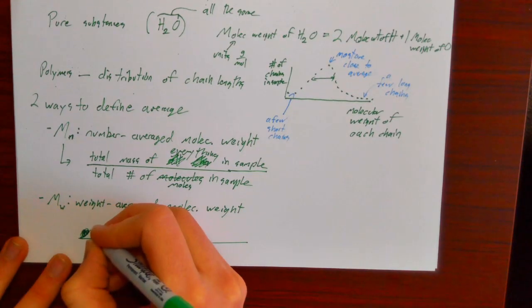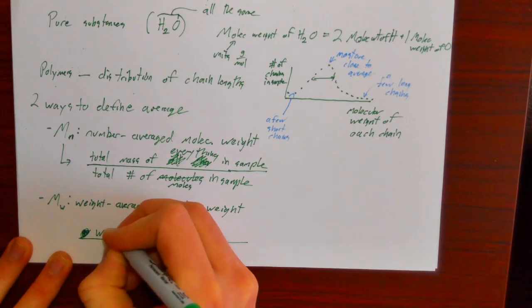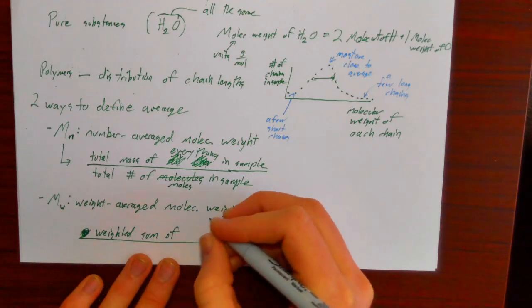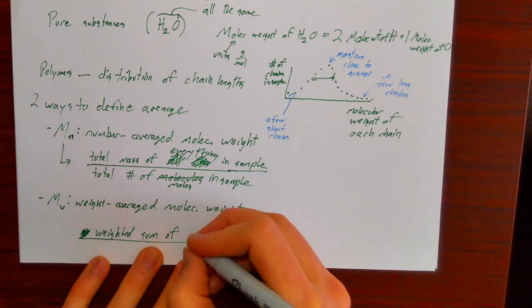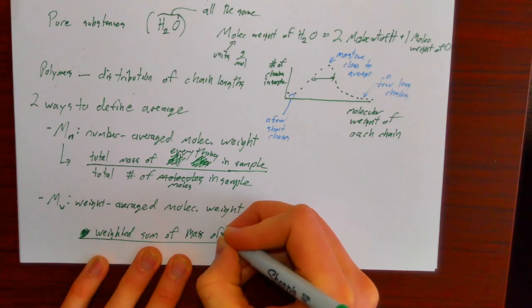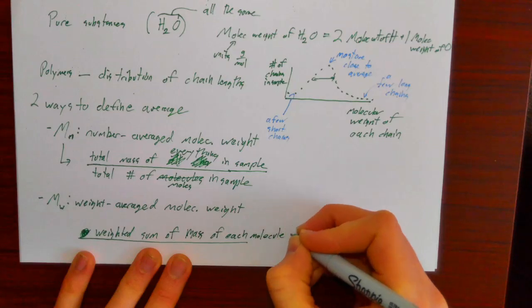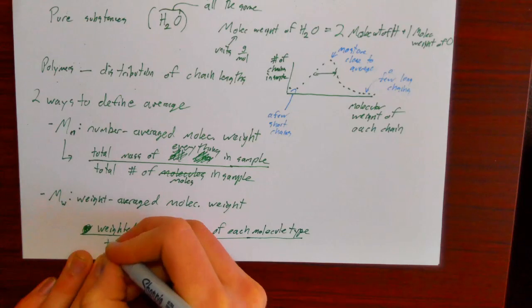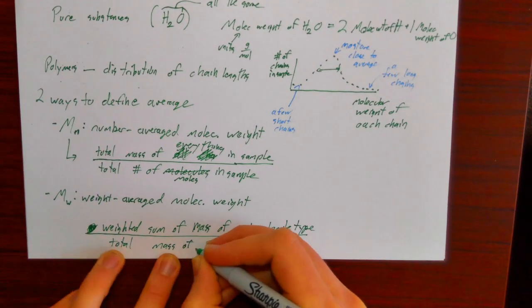So it's a weighted sum of the total mass of each type of molecule, divided by the total mass of everything in the sample.